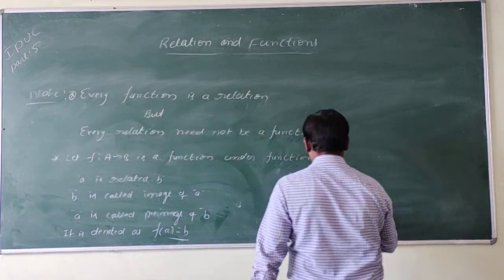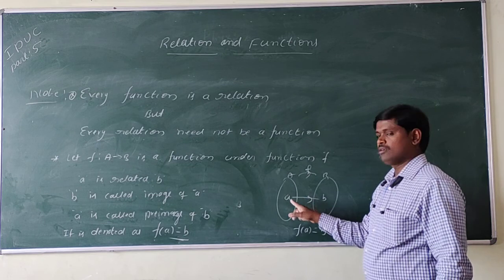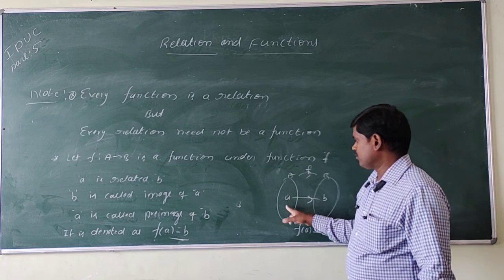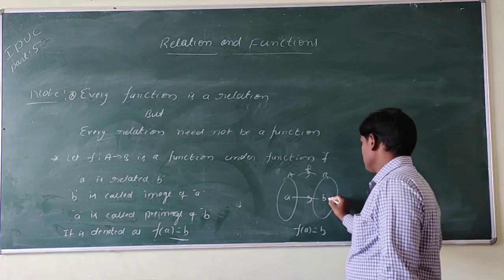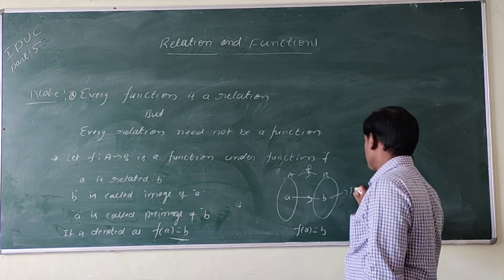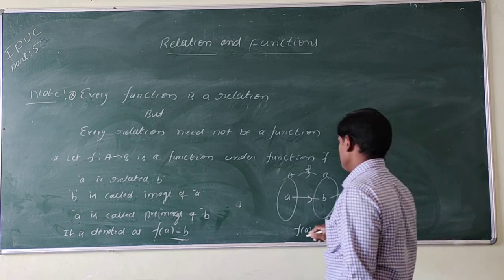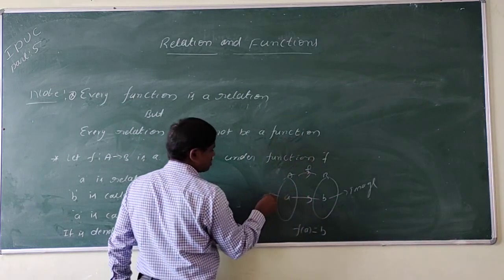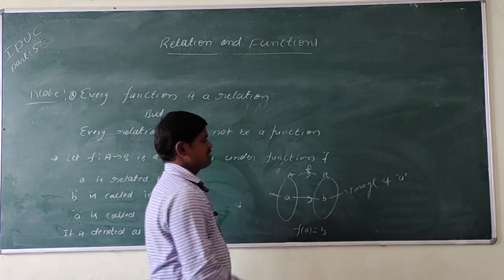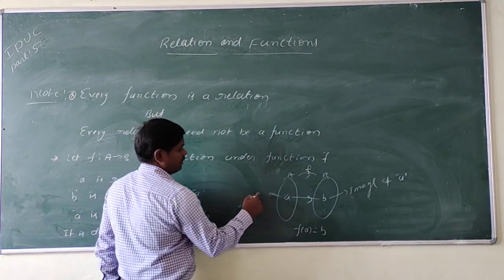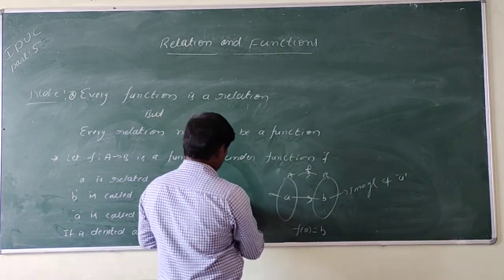The elements which are related with an element of A are called images. This is called image, and this is called pre-image. b is the image of a, and a is the pre-image of b.